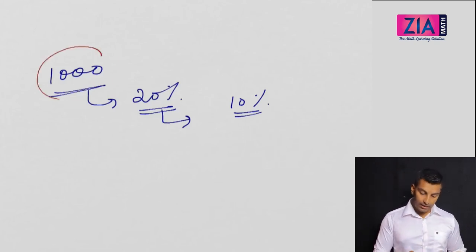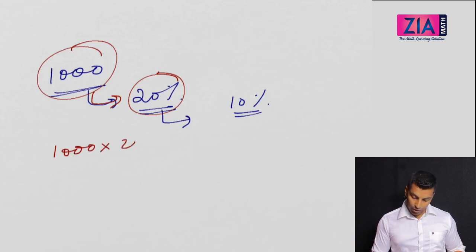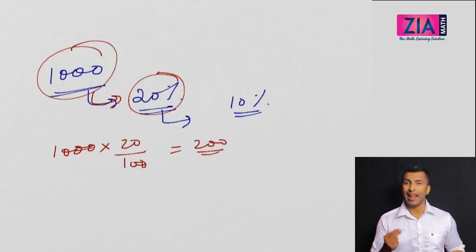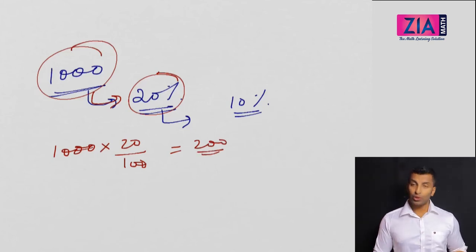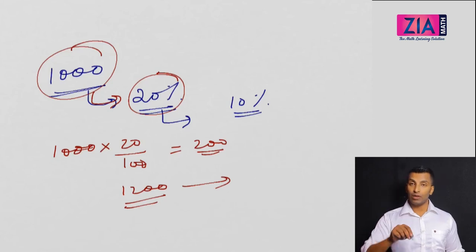So let's suppose 1000 is the salary. After 1 year this will be increased by 20%. That means what is 20% of 1000? 1000 into 20 by 100. So that is nothing but 200. You can directly find it, very easy. So a 200 increase will be there after 1 year. So after 1 year your salary will be 1200. Then next year there is an increase of 10%. So what is 10% of 1200?